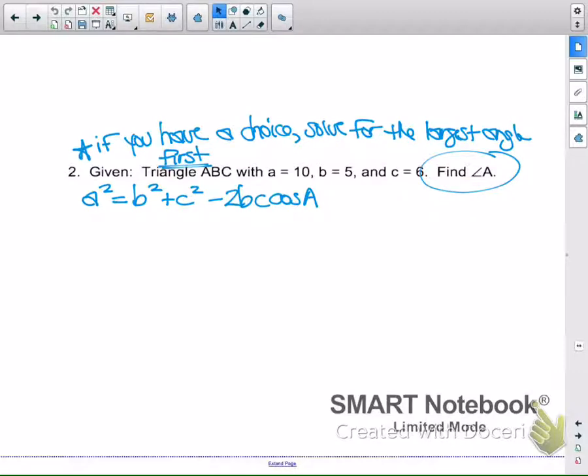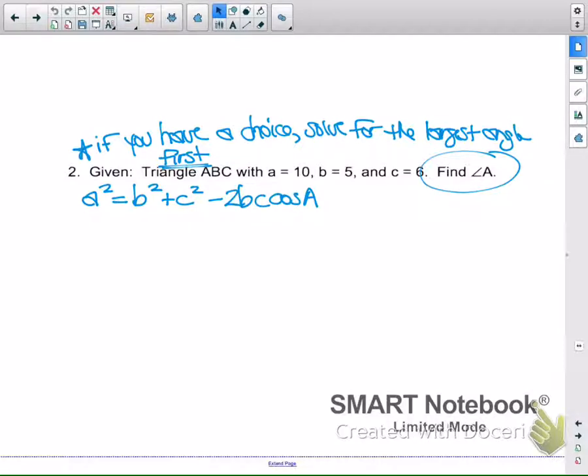Here is why. How many of us like the ambiguous case? Zero of us, right? Remember how I told you you could avoid it sometimes? If you start off here by solving for the largest angle, then what kind of angle are you most likely to have, an obtuse or an acute? Most likely to have an obtuse, because it's the largest one.